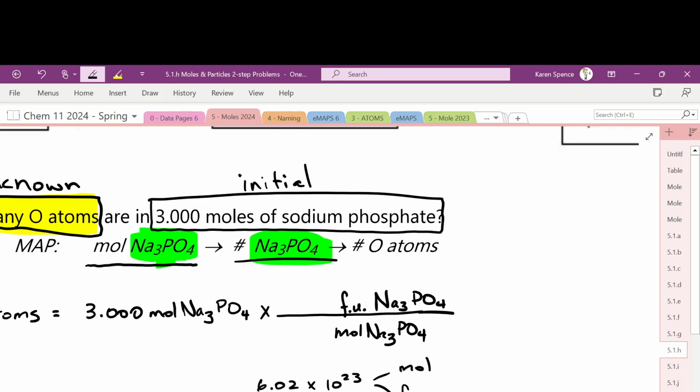Shall we vote? You're going to vote A if 6.02 times 10 to the 23 goes with the mole, and you're going to vote B if it goes with the formula unit. 5, 4, 3, 2, go. And it's okay if you don't know. Lots of B's, couple A's. All right, it is B. It does go with the formula unit.